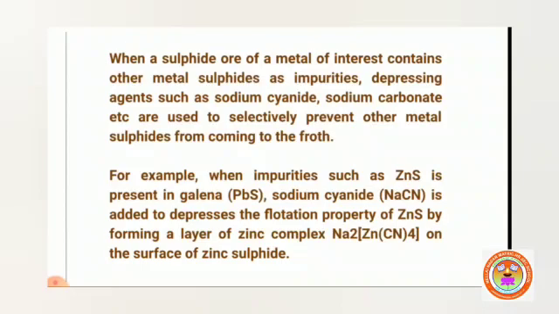ZnS and galena, PbS, are both sulfide ores, but ZnS is the impurity and its percentage will be low compared to PbS. So to prevent the flotation of the impure ZnS present in galena, a depressing agent like sodium cyanide is added.